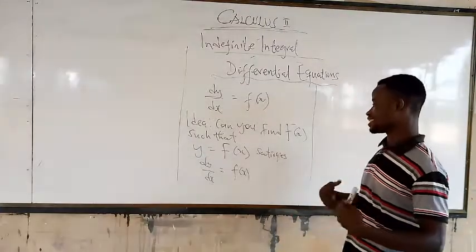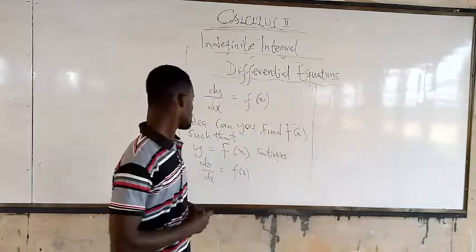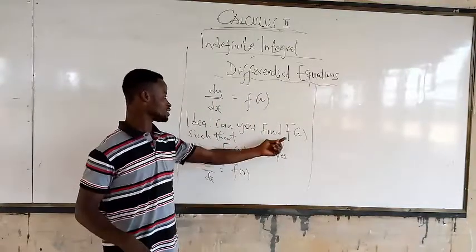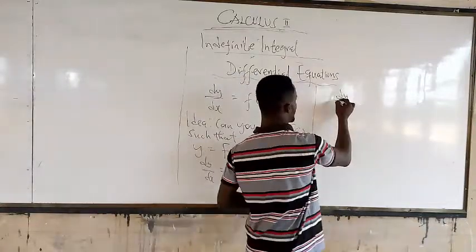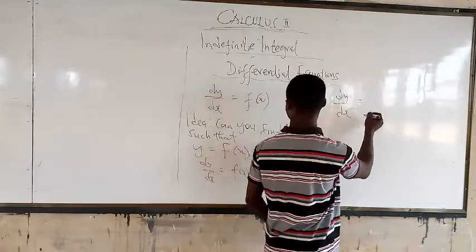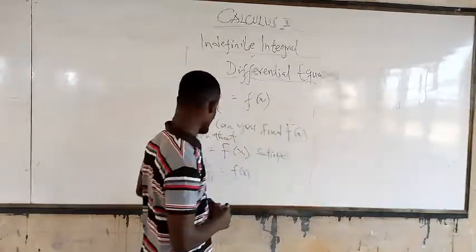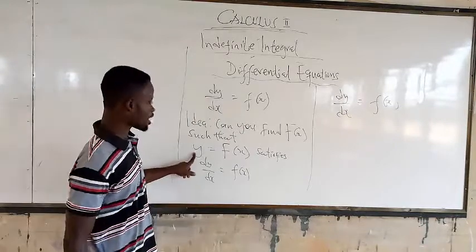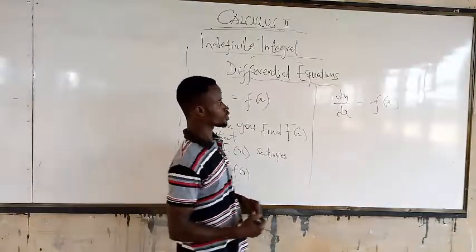All that we are saying is just simple, okay? Can you find this such that this is equal to this? You are saying that, can we get something like y is equal to the antiderivative or the integral function?